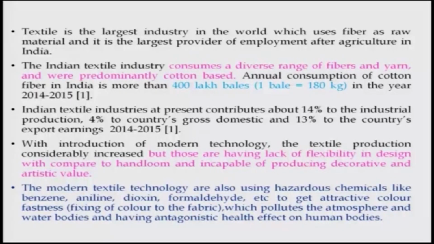Annual consumption of cotton fiber in India is more than 400 lakh bales, one bale being around 180 kg, according to 2014 and 2015 data. The Indian textile industry in 2014 and 15 contributes around 14% to the industrial production, 4% to the country's gross domestic product and 13% to the country's export earnings. So, it is a big amount of revenue that we get.